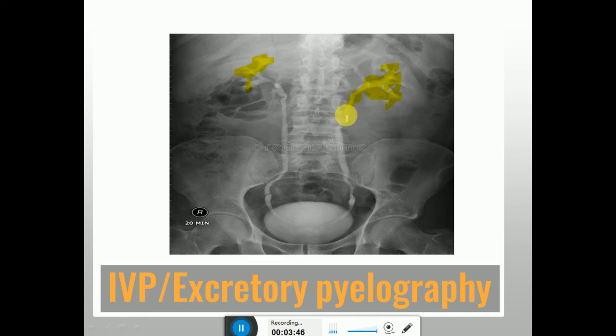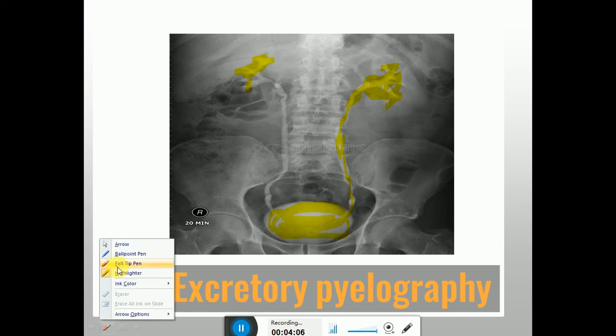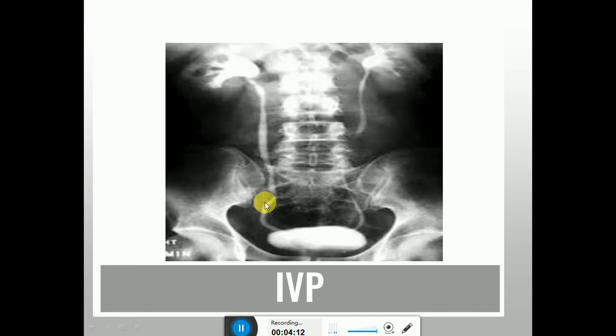This one is the ureter, and this ureter is opening into the urinary bladder. So we are able to visualize all these structures in IVP. Next, again here you can see calyces, pelvis, ureter, which is opening into the urinary bladder.